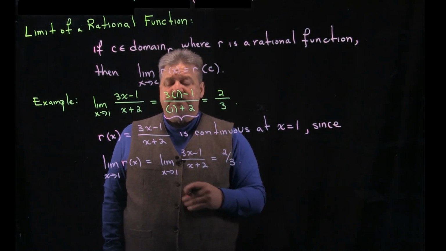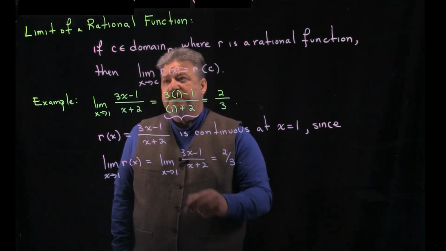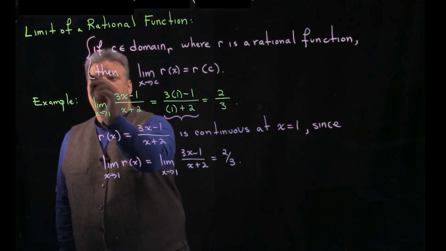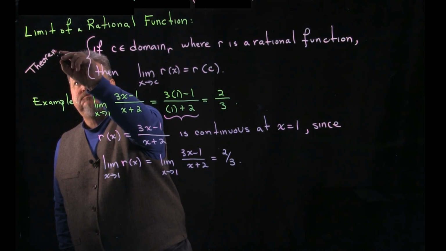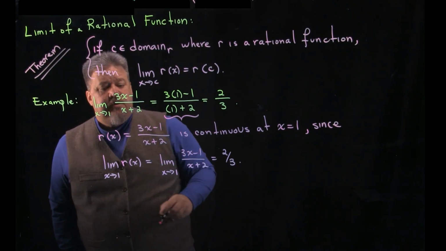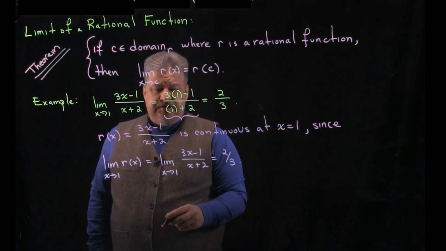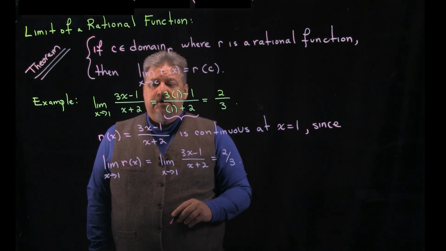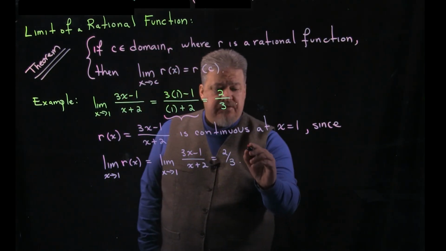In fact, R would be continuous at all numbers by this theorem, and this is a theorem, by the way. I just stated it without the fanfare, but this is a theorem. R would be continuous at all numbers but minus 2 by this theorem, because the only number not in the domain of R would be minus 2. How do we know that?